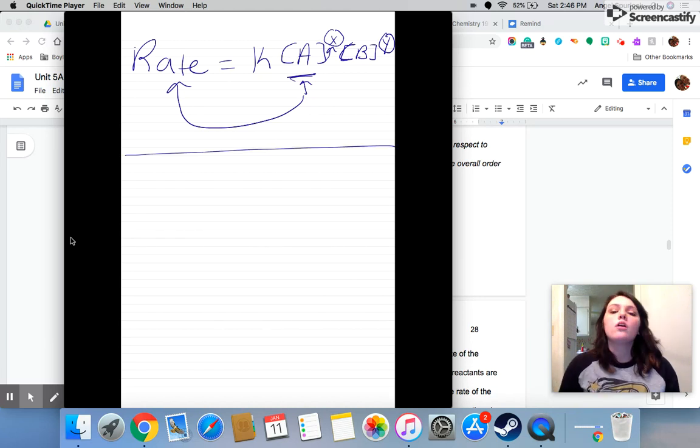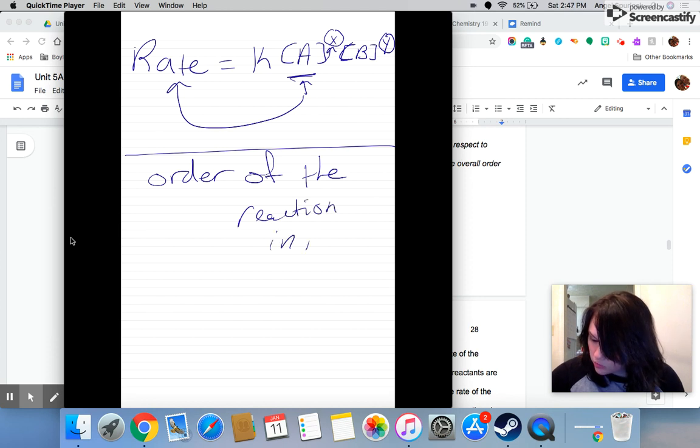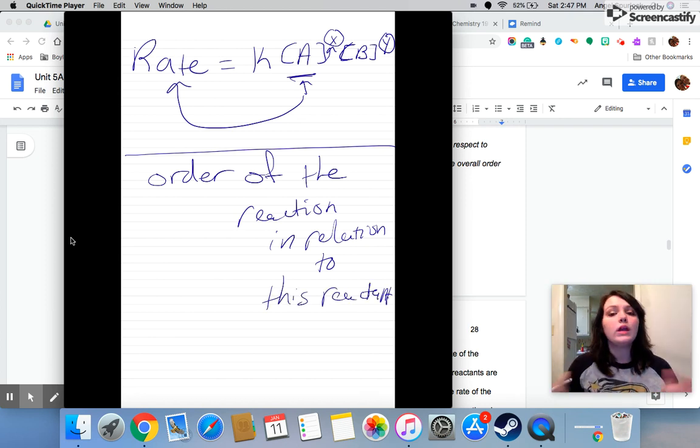Now, there are orders for individual reactants. Normally what they're going to say there is the order of the reaction in relation to this reactant. That's way too much for me to say every time I want to talk to you about it, so I'm just going to call this the order of the reactant, the order for a specific reactant.